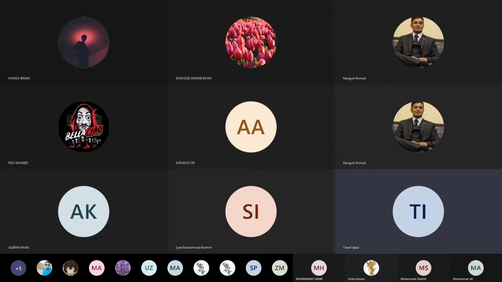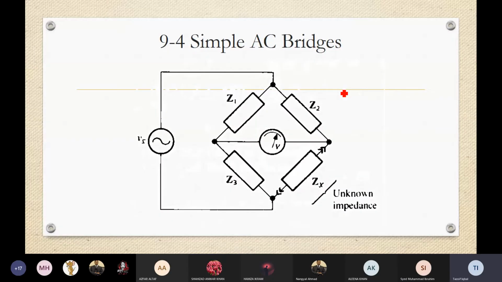Okay, guys. So now we can use the same bridge, which will help us find the impedance.